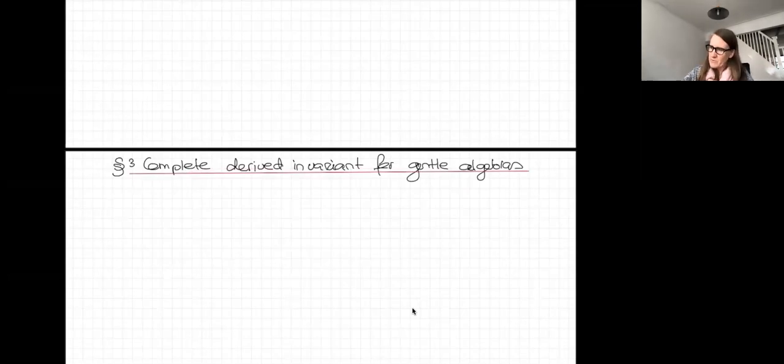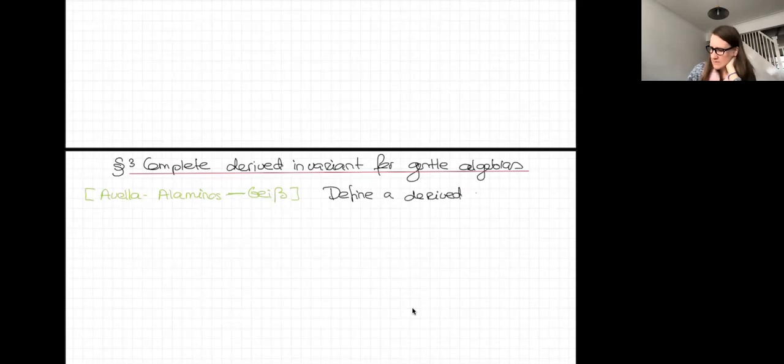Okay, so what do we know about derived equivalence classes or derived invariants for gentle algebras? There's one that has been much studied, introduced by Avella-Alaminos and Geiss. They defined a derived invariant, which we'll call the AG invariant. So again, A is gentle throughout the section.